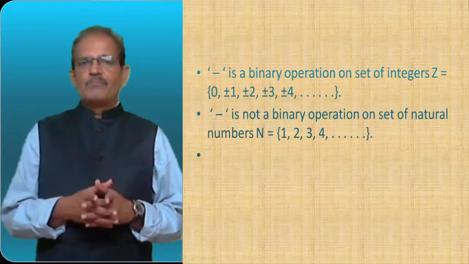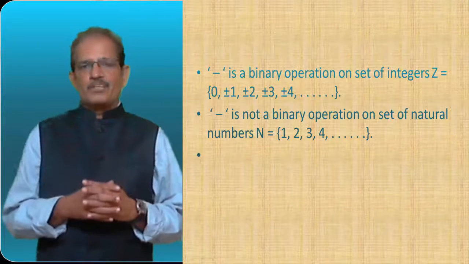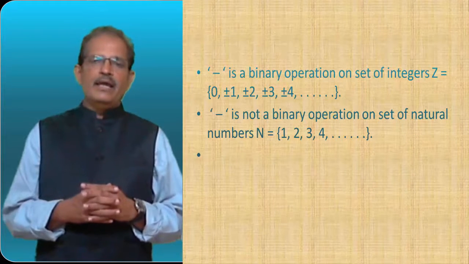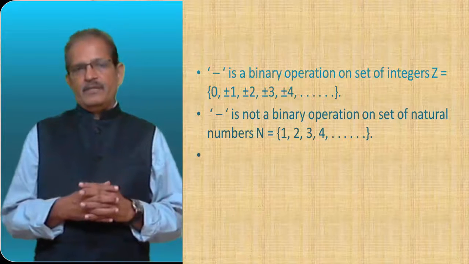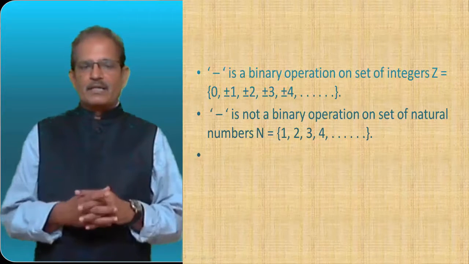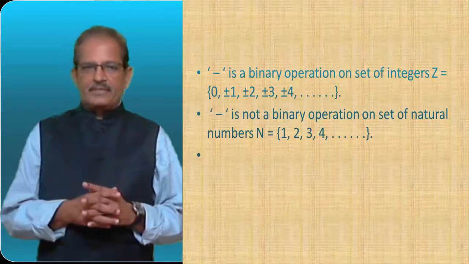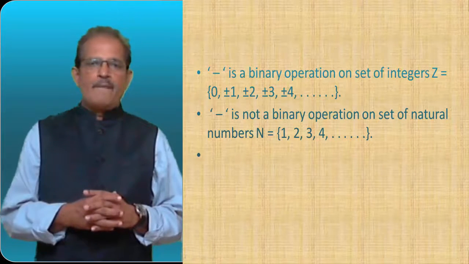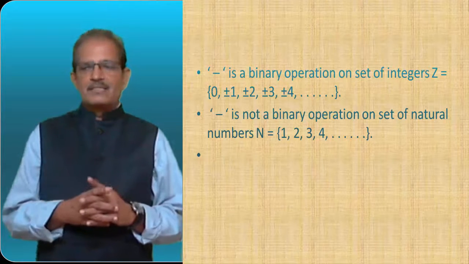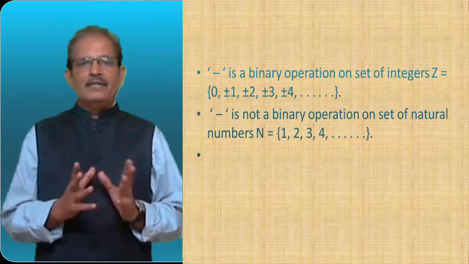So it is claimed that minus is a binary operation. Means you take any two integers. If you subtract one from the other, the result is also an integer. So therefore, minus is a binary operation on set of integers.